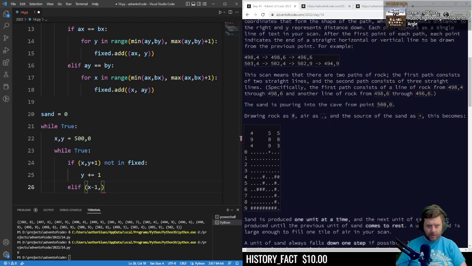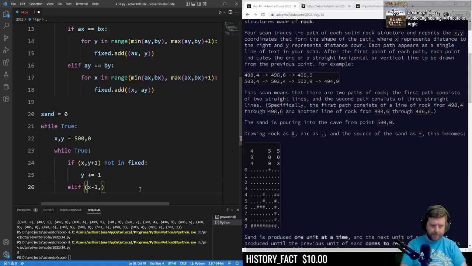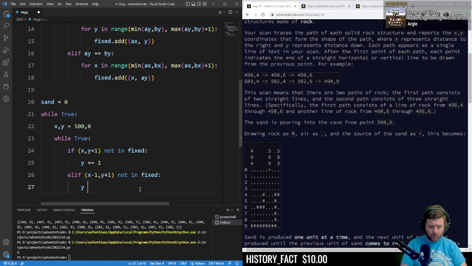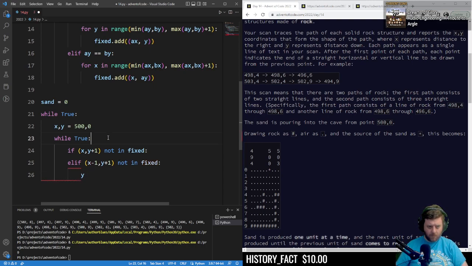-1 is considered left. It's like you're definitely going to move down each step, right? Unless there's nowhere to move.